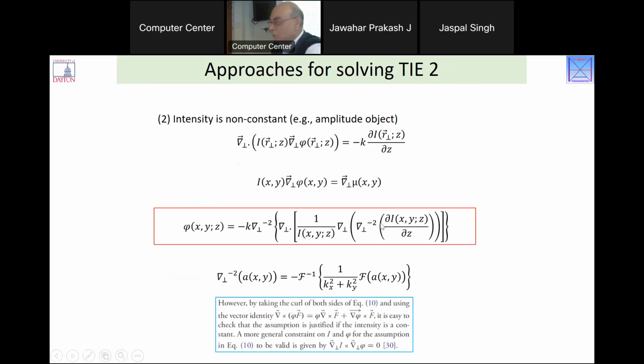And then once you have solved that, use this definition for mu, because see here, this is 1 over I times this. That's what's written over here. Then you dot it with this del operator and then take the del perpendicular minus 2. Then you have solved this entire equation.